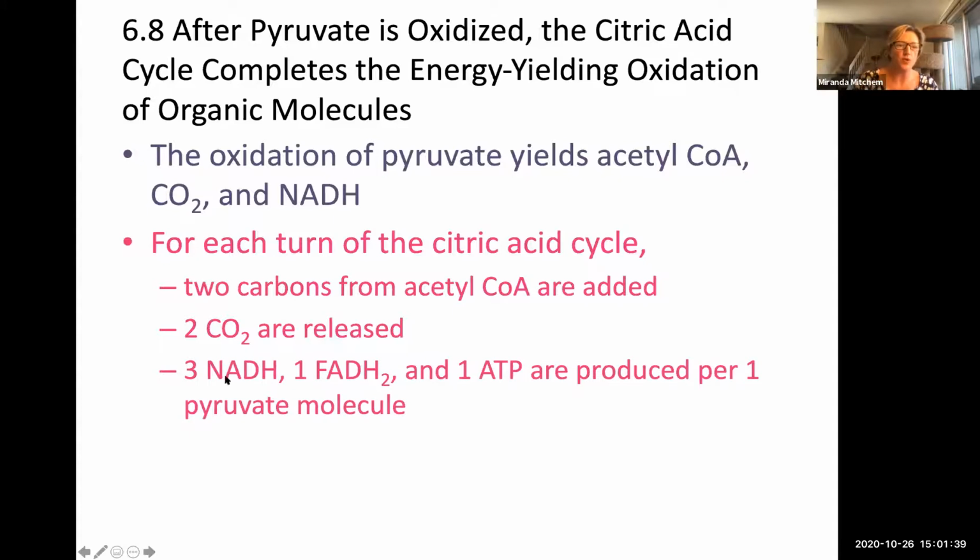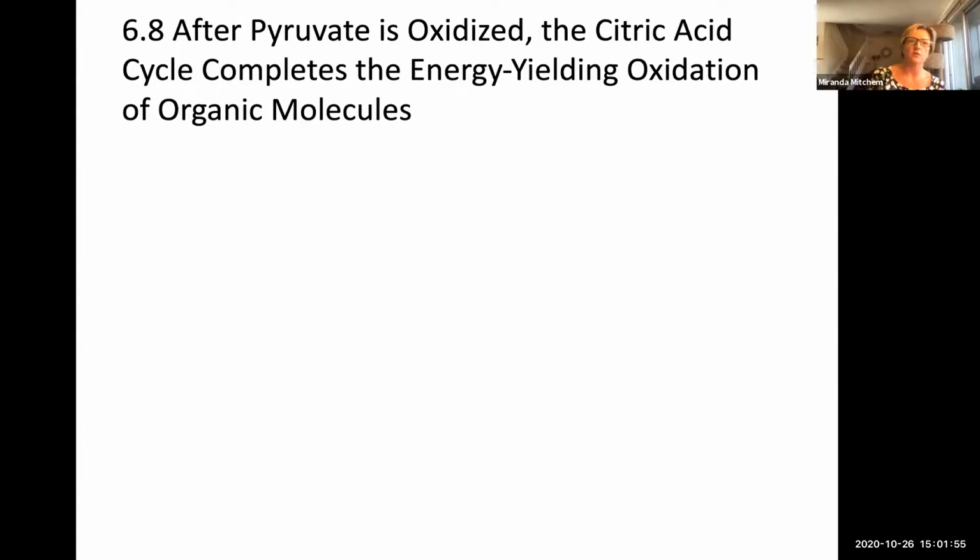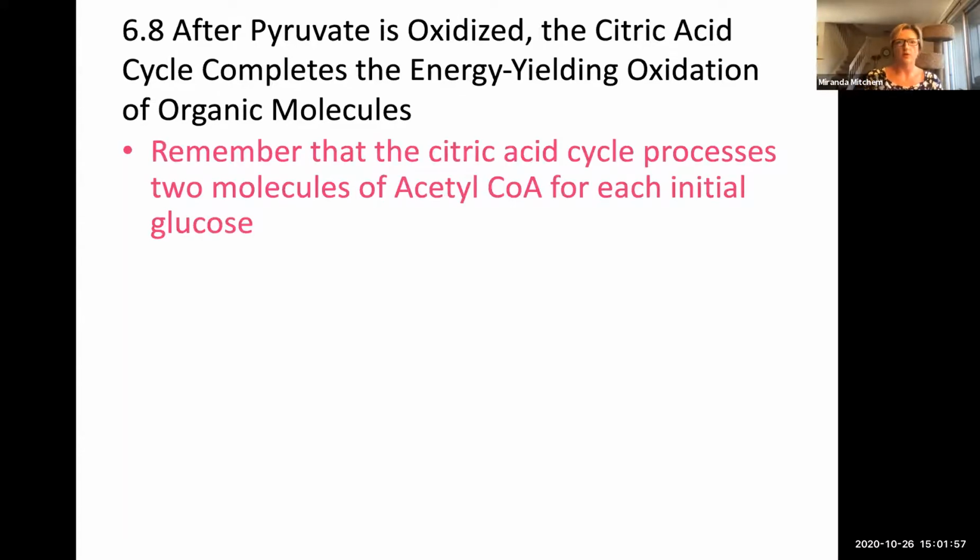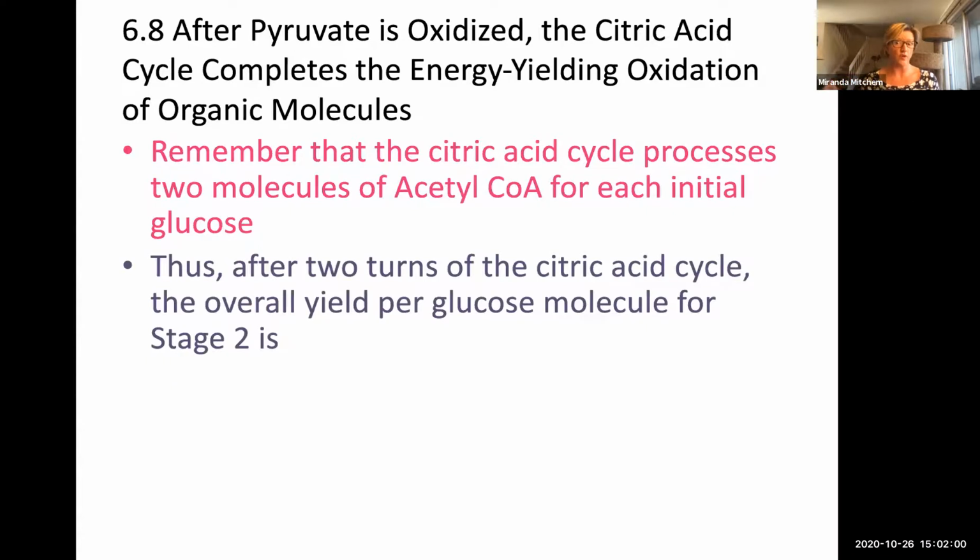And then we produce 3 molecules of NADH, 1 of FADH2, and a single ATP for each molecule of pyruvate. But we have 2 molecules of pyruvate, which means you have to double those. All right. So after 2 turns of the citric acid cycle, beginning with 1 molecule of glucose, our yields are 2 ATP, 6 NADHs, 2 FADH2s.